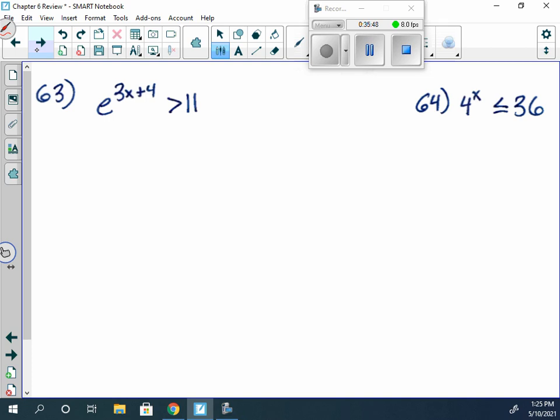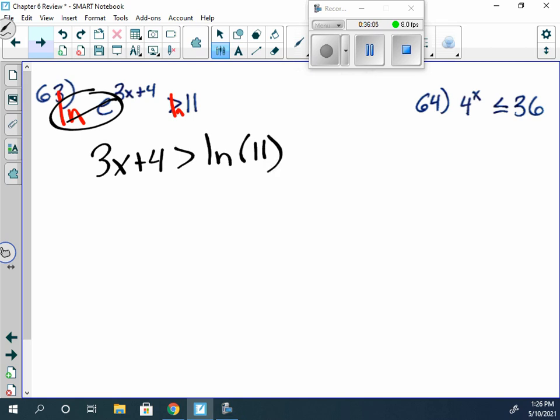Now, what can I do to both sides to get rid of the e? We can use ln, because our ln and e will simplify out, leaving us with 3x plus 4 is greater than the natural log of 11. Then what do we need to do next?